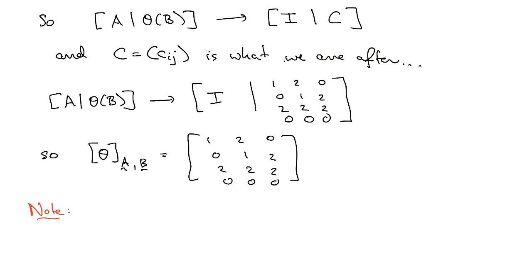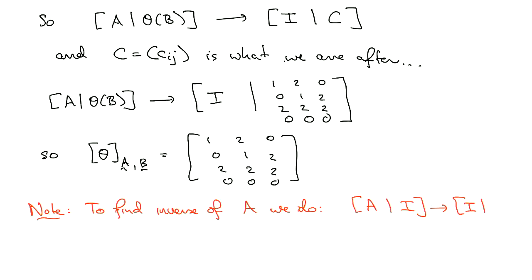Note the way to find an inverse of A: we do the row reduction on A with the identity stuck on the side, row reduce away to get the identity, and whatever we get on the other side is the inverse of A. You remember that process, finding an inverse for a matrix. To think of what you're actually doing, we'll talk more formally about row operations next week, even though you already know them.